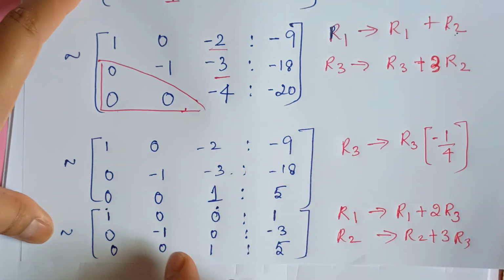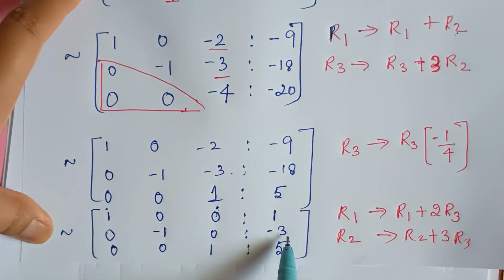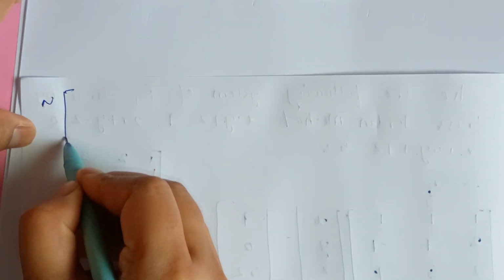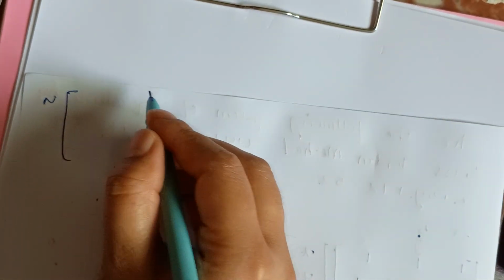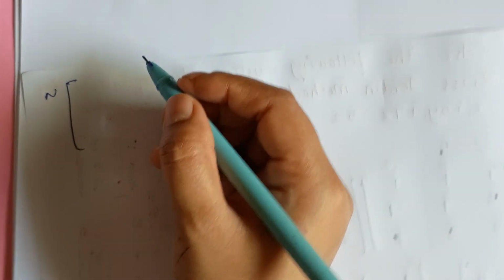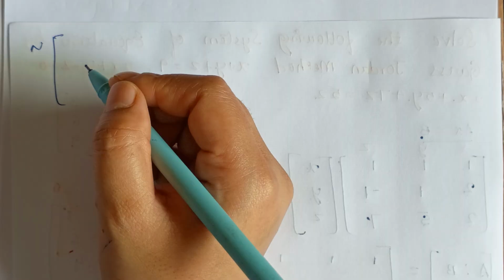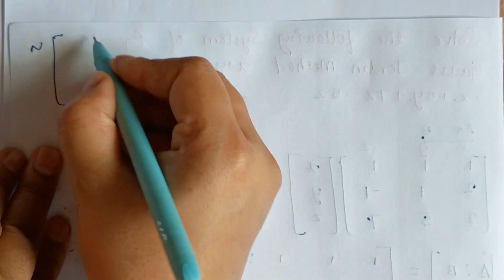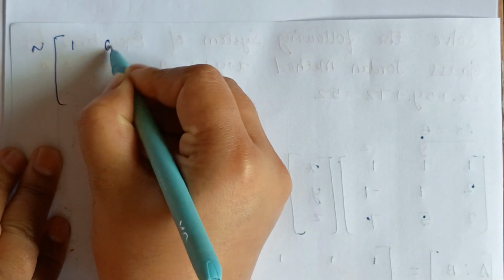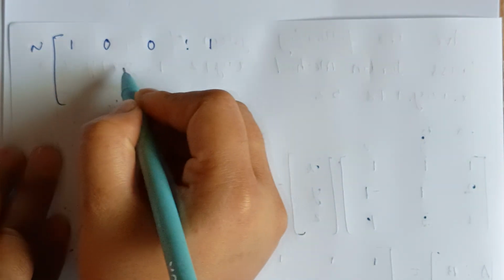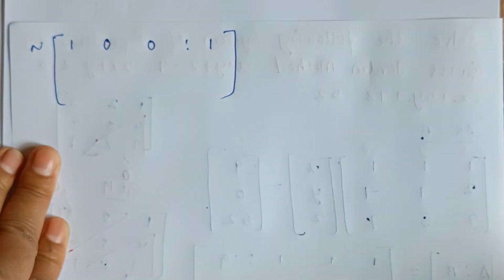Now I'll just make this row also positive by multiplying with the negative sign. So now it is going to be 1 0 0 is to 1. Row 2 I am changing to positive, right?